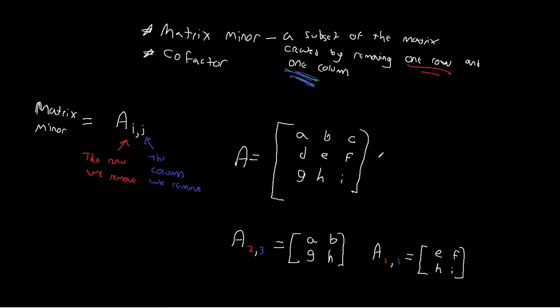I want to do one more example. Let's look at the matrix minor of 3, 1. Sorry, wrong color, I'm trying to stick with the color scheme here.